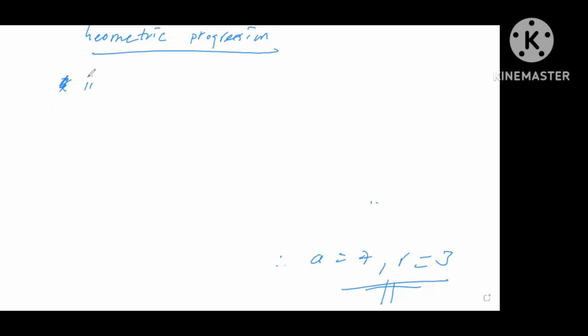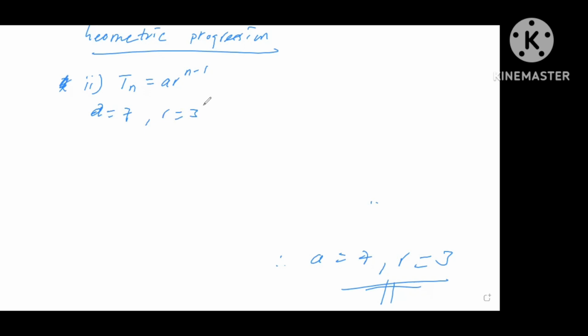The formula for the nth term is given by Tn is equal to AR to power n minus 1. We have got the first term is equal to 7, right? Then R is equal to 3. So now we are just going to replace them here.